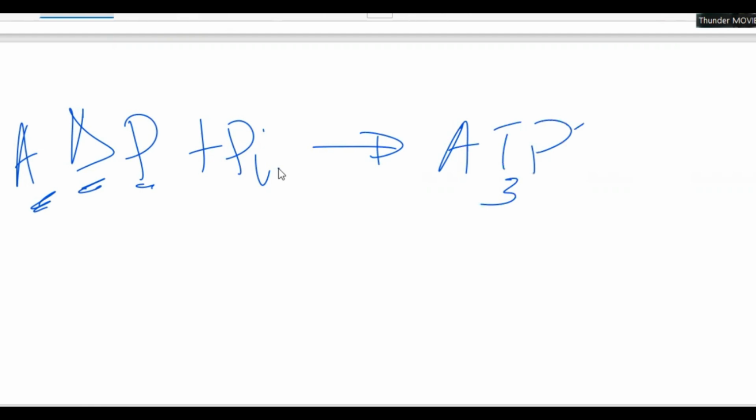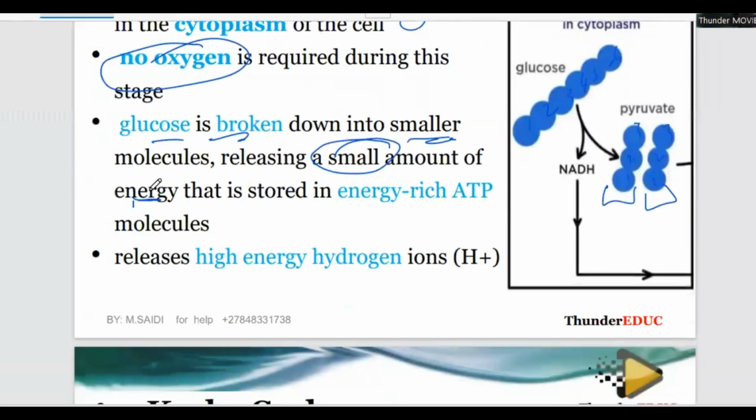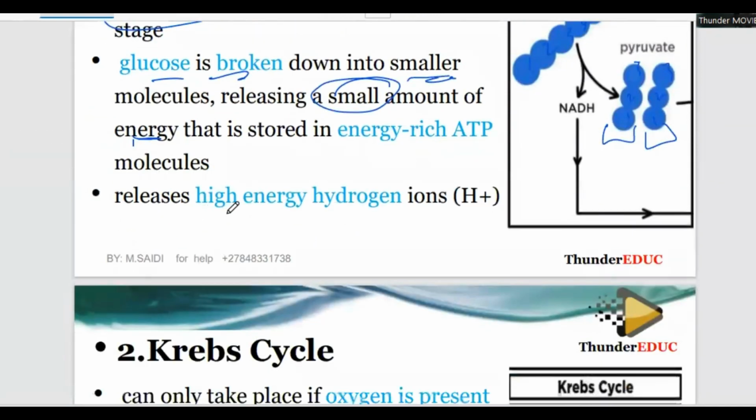During this process, some energy is released, and this energy is used to form this bond. Hence you form adenosine triphosphate, so that this small amount of energy is stored in the energy-rich ATP molecule.